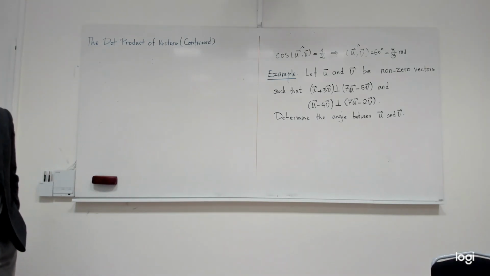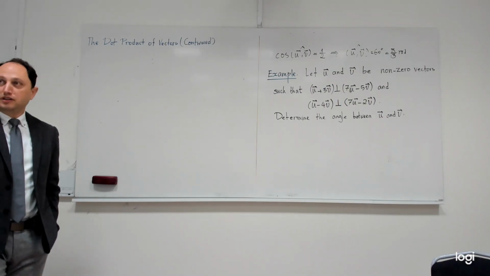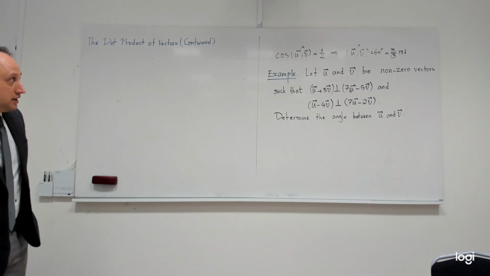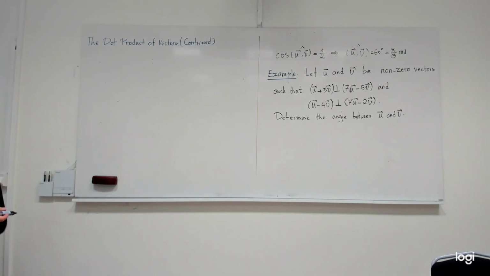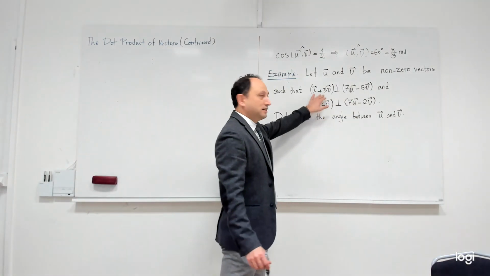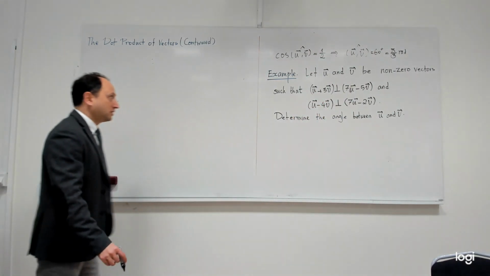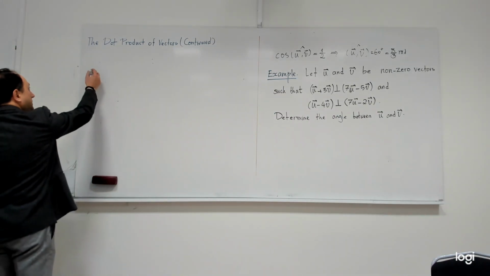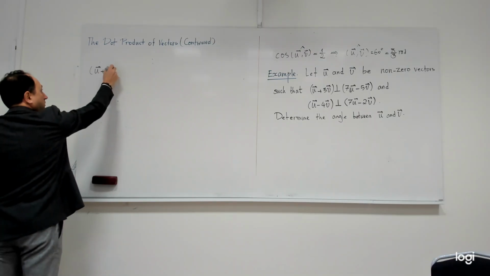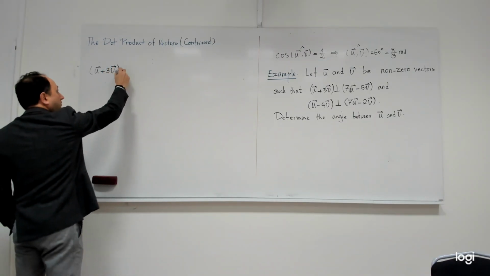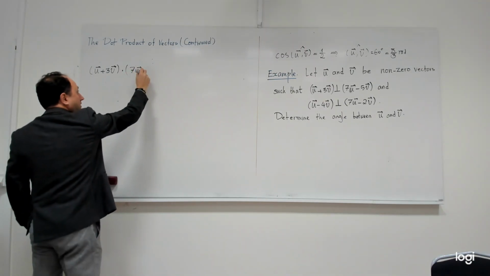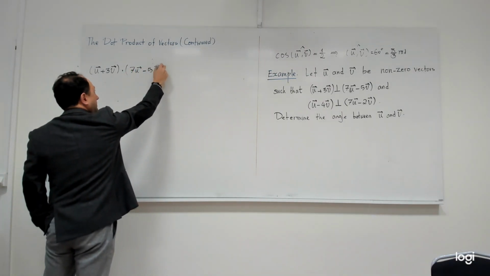Okay, any results? Something that is good to use? Let us try to do it together at least. I don't think you have problems translating them into the language of dot product. So the first assumption tells me that u plus 3v dotted with 7u minus 5v is 0. By the way, at this level, you should be more comfortable with algebra. You need to have a strategy in your algebra calculation.